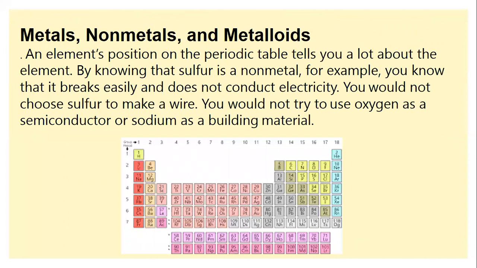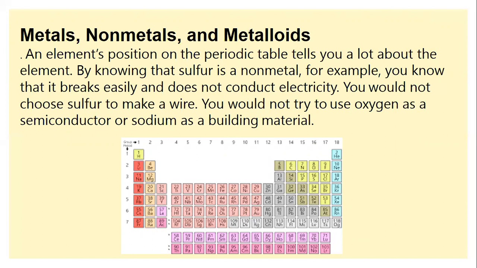So now we know about metals, nonmetals, and metalloids. From the position of elements in the periodic table, we can know about them. If you know that an element is found in group 18, you know that it's an inert or noble gas, so it's unreactive.